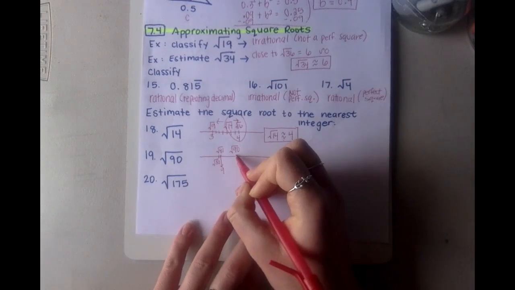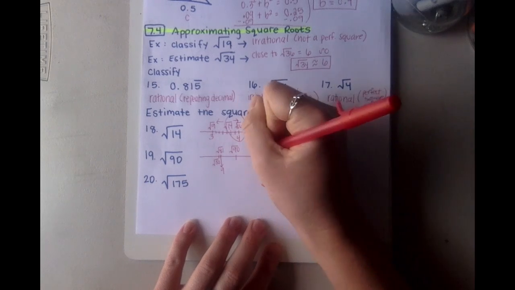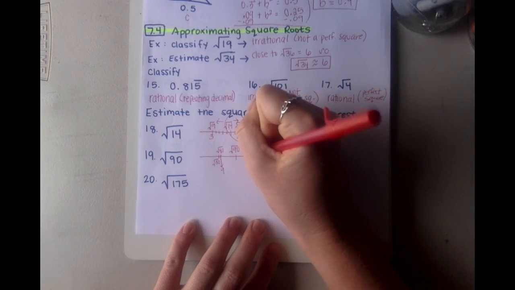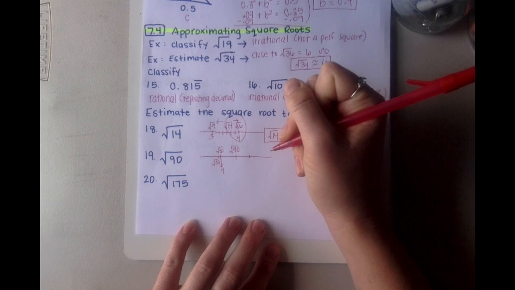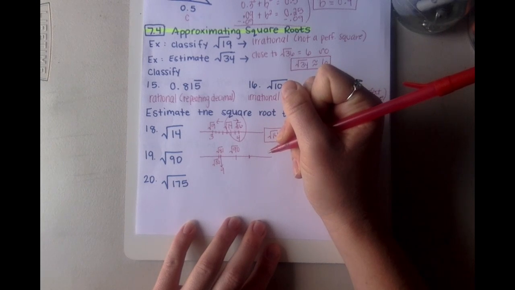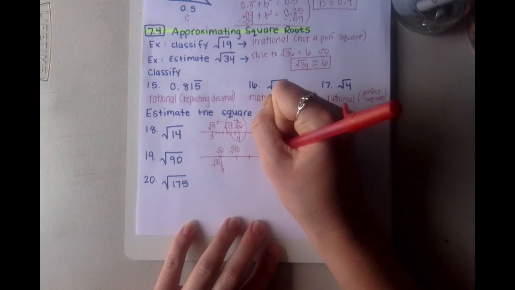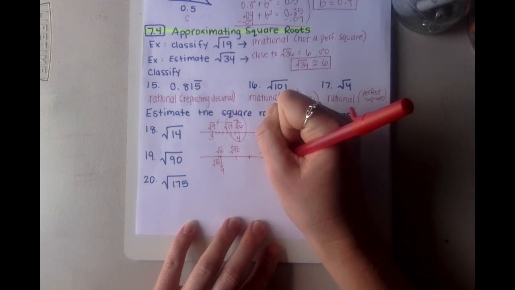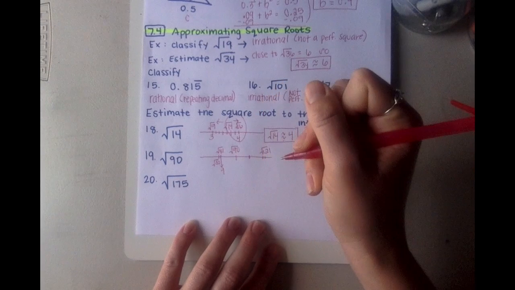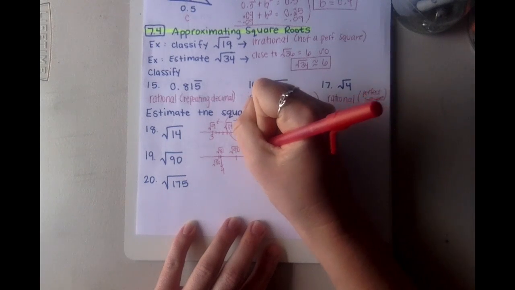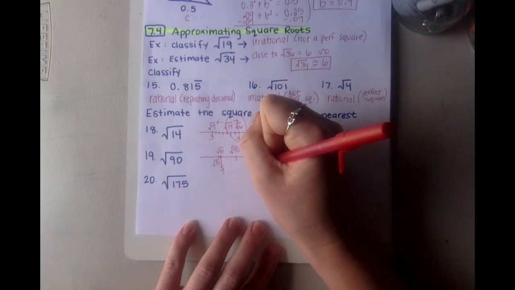And let's think, if I go past 90, well, 100, that's 10 away. I'm totally forgetting. Here's the square root of 100. The square root of 100 is 10.